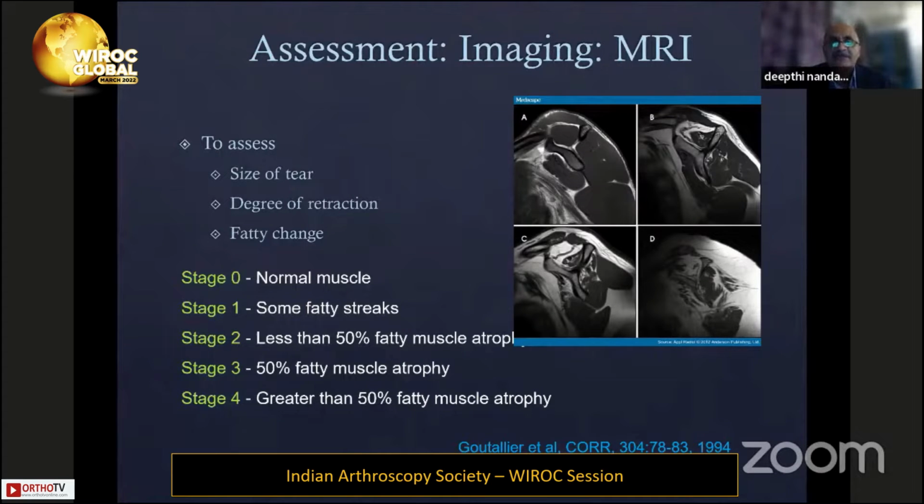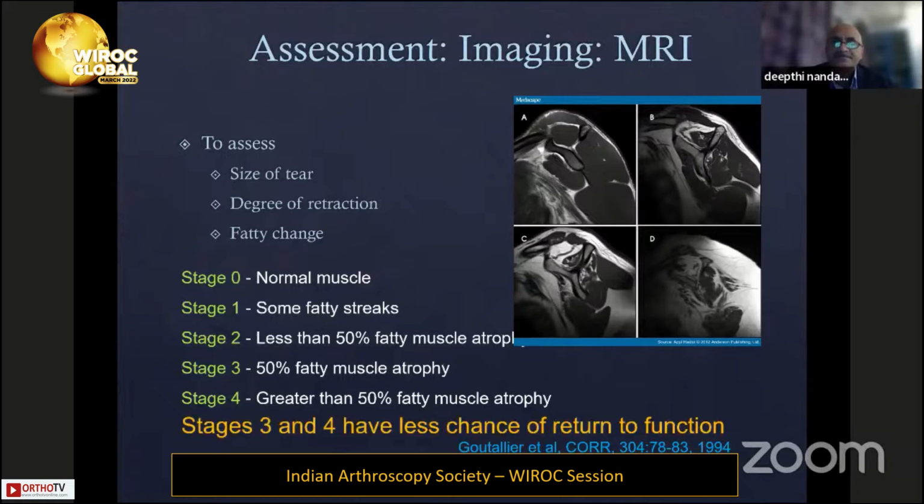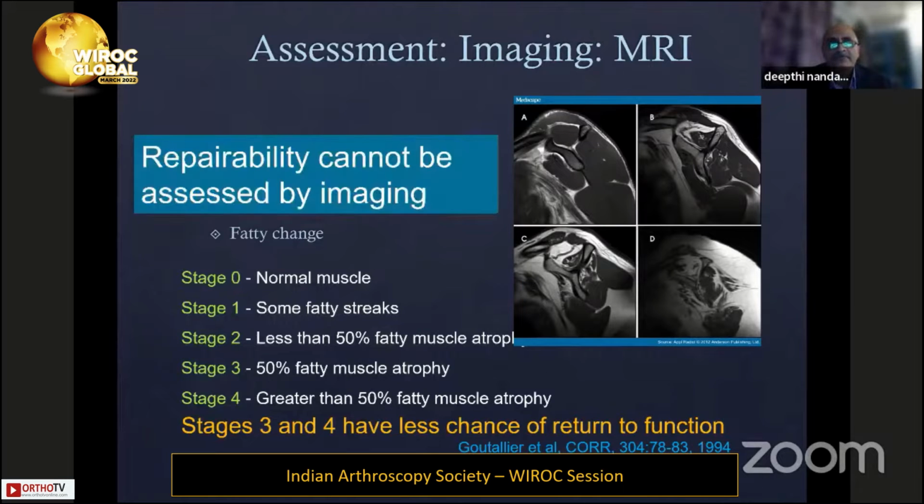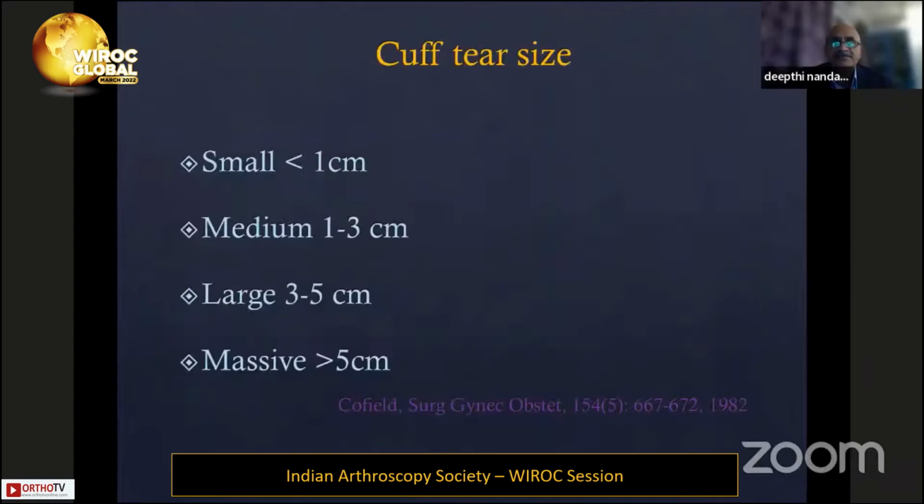I think fatty change more than stage 4 is usually fraught with poor prognosis when you go for repair. So repairability cannot be assessed by imaging techniques. It's always the intraoperative or surgical feel which tells you if it is repairable or not.